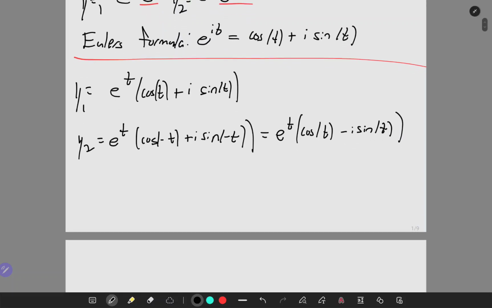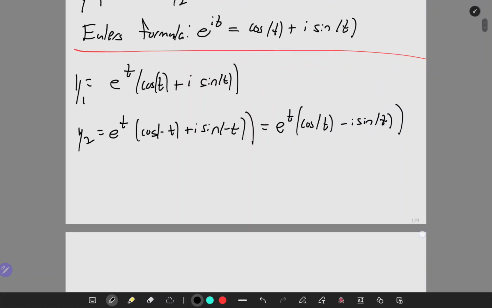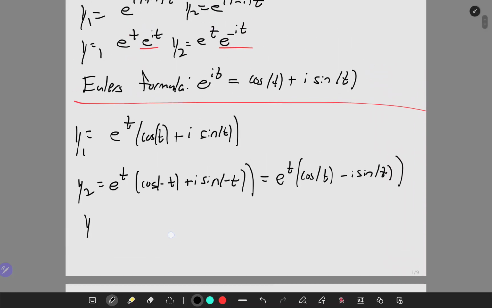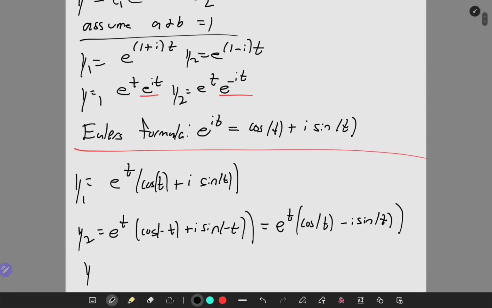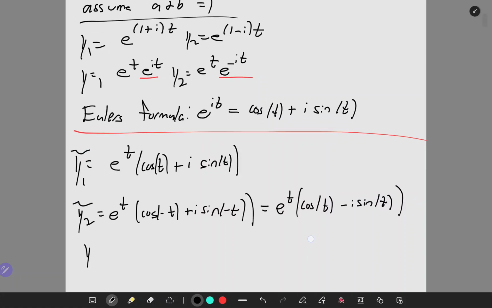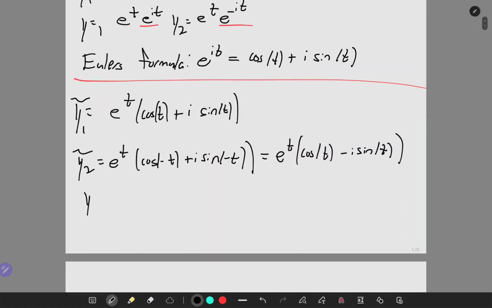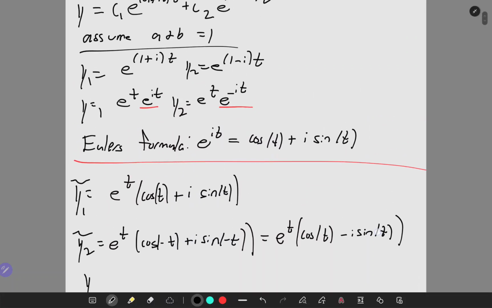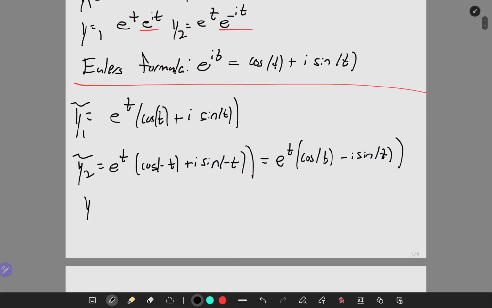So now we have to add y1 and y2 together. Sorry, this is our original y1 and y2. This is our y1 tilde and y2 tilde. They're our new y1 and y2. We shouldn't call it the same thing.